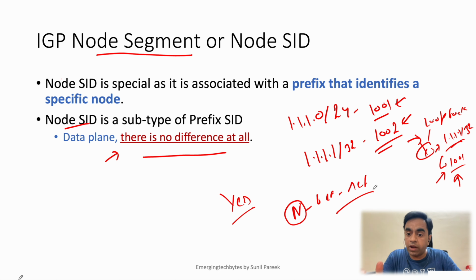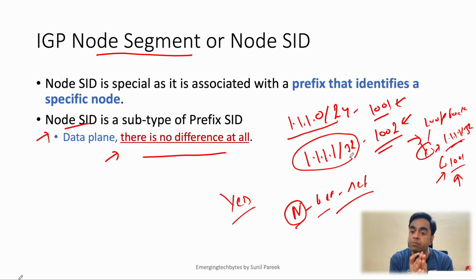But for now, understand this: if it is a prefix SID, this flag will not be set, but if it is a node SID, this N flag will be set. And I will show you this in our next video when we talk about how IGP advertises these SIDs. So coming back to our discussion, we have talked about prefix SID and node SID. A prefix SID can be any prefix where you allocate a SID value. A node SID specifically has to be a host route.